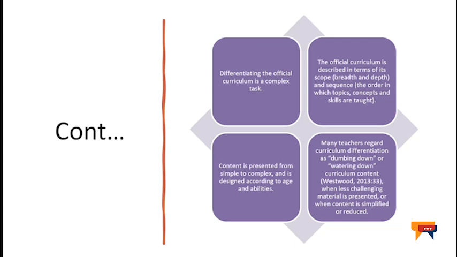Differentiating the official curriculum is a complex task, and the official curriculum is described in terms of scope, breadth, and depth, and sequence, the order in which topics, concepts, and skills are taught, and content is presented from simple to complex, and is designed according to age and abilities.